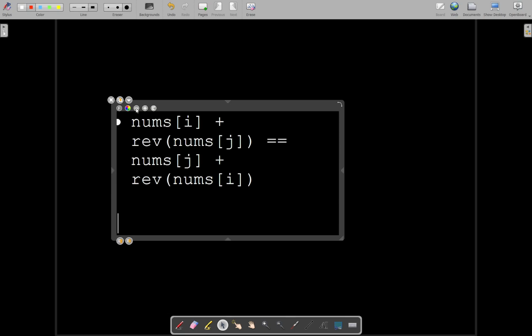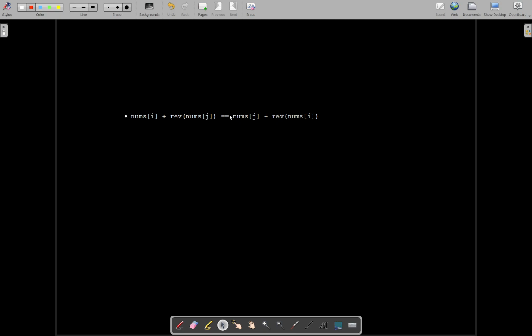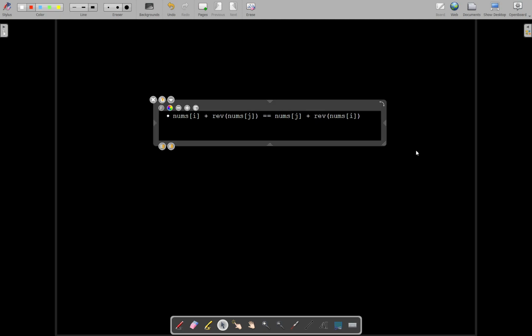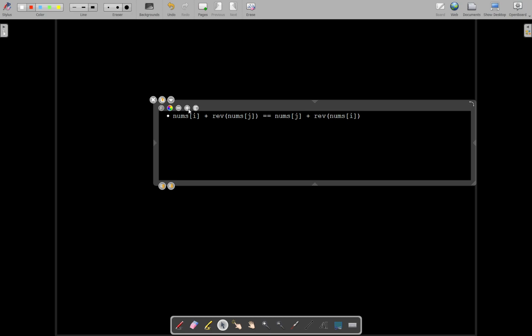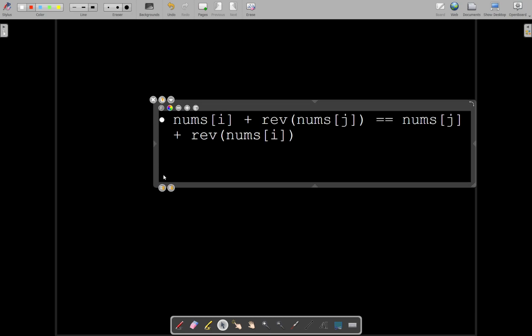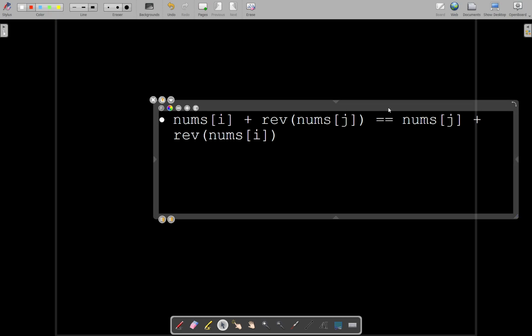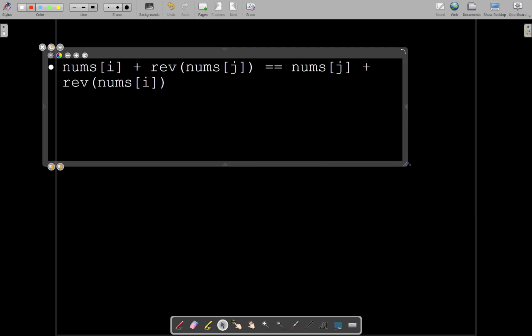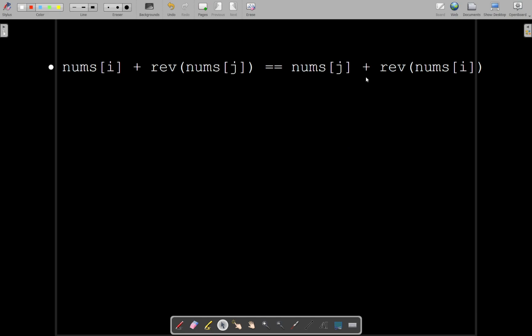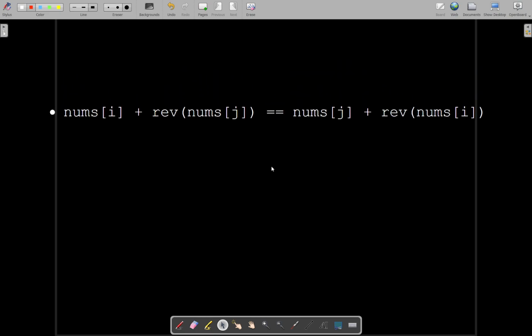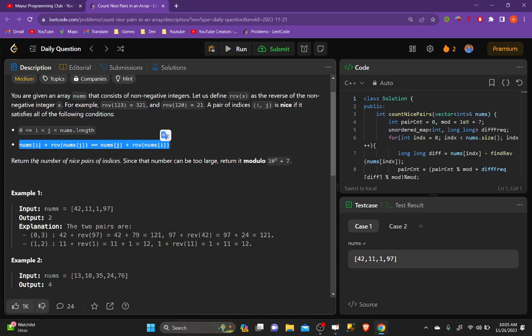Okay. So this condition should be holding, and your ith index should be lesser than the jth one. Okay. These two conditions. So let's have a look, and then you have to return the number of such nice pairs of indices.